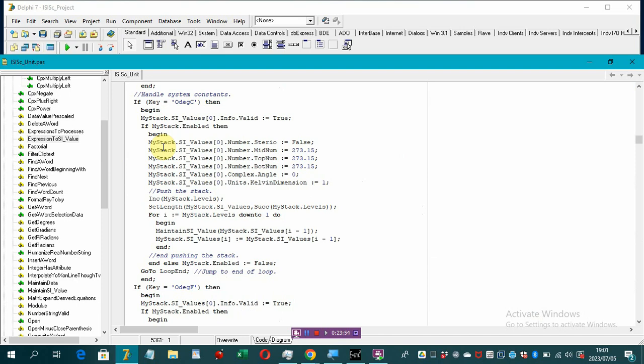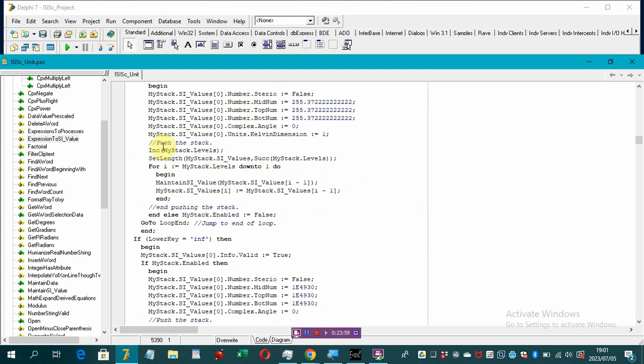Handle system constants, you see? Things like that. Infinity: you see that lowercase key equals infinity? It means it's an infinity constant.